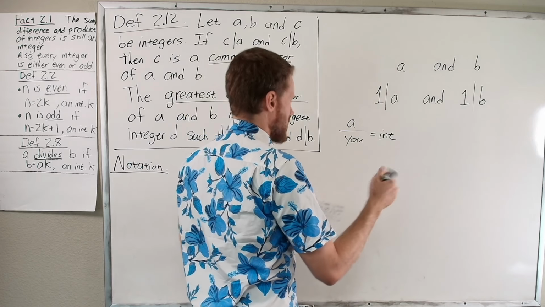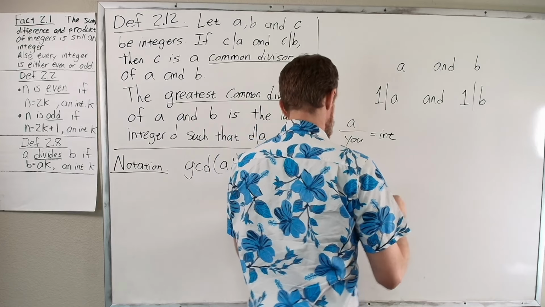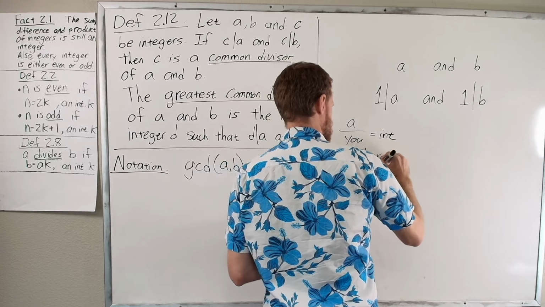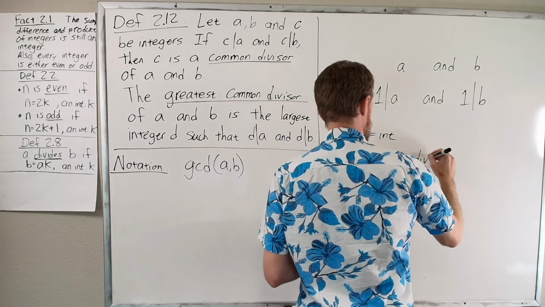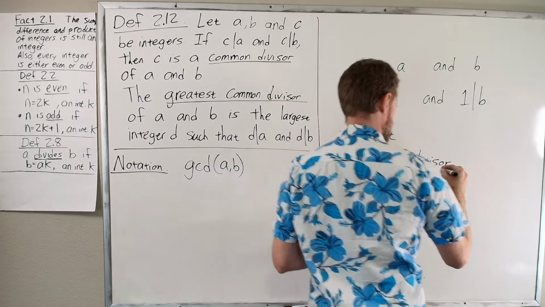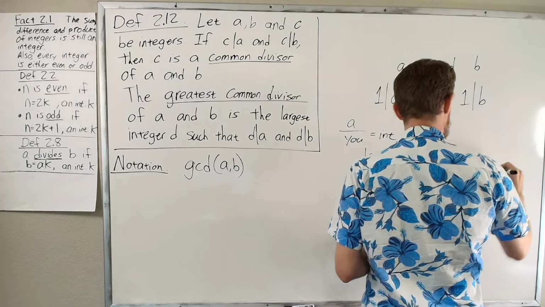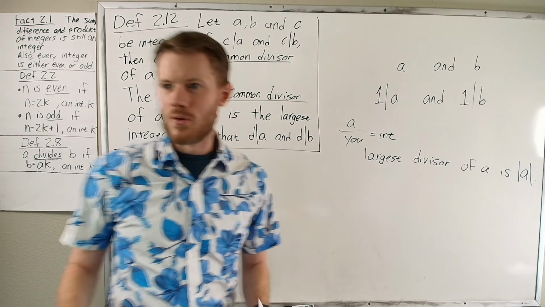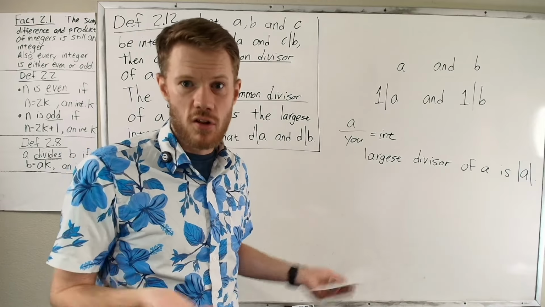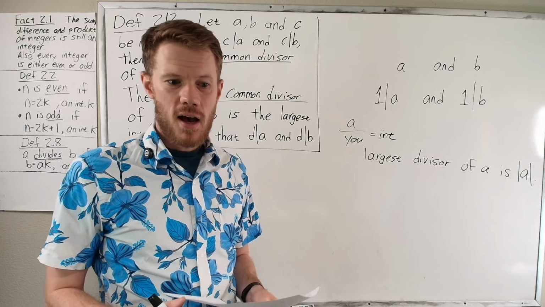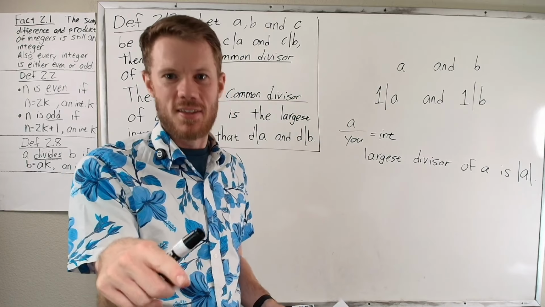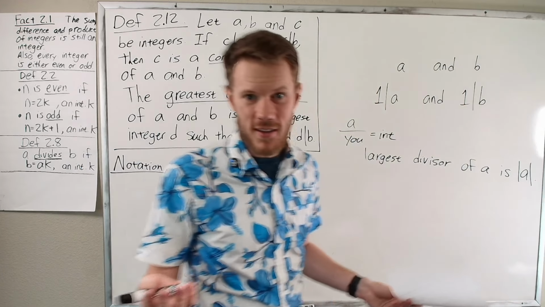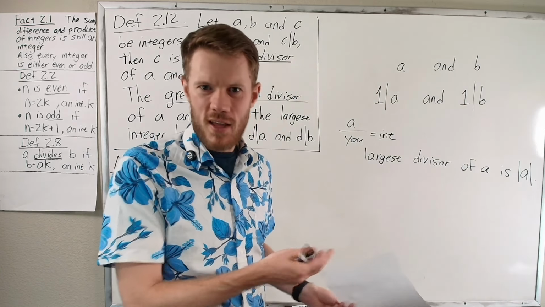So the way you want to think about it is that the largest divisor of A is the absolute value of A. So it's either A, if A is positive, the largest thing that could divide it is A itself. And if A is negative, then it's the opposite thing, the absolute value. Of course, if it's positive, then taking the absolute value doesn't change anything. If it's negative, it just makes it positive. So hopefully that makes sense.